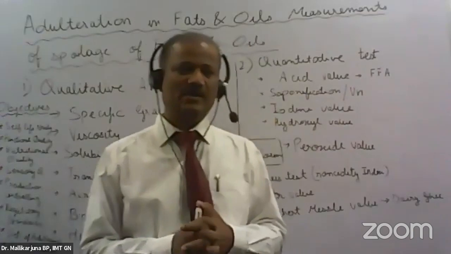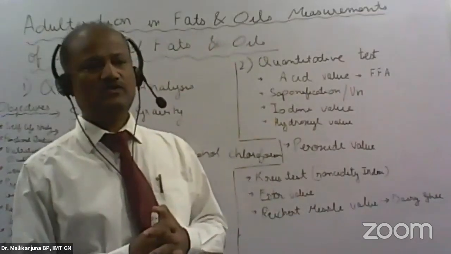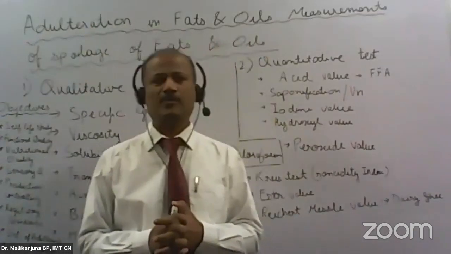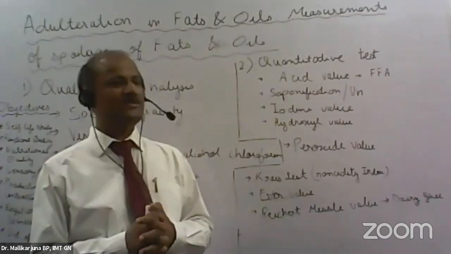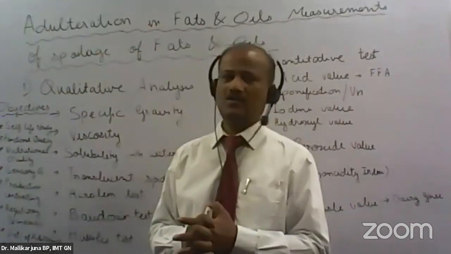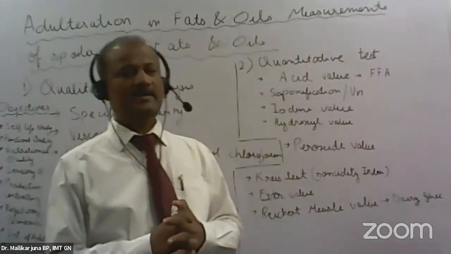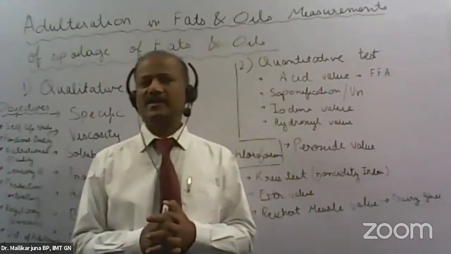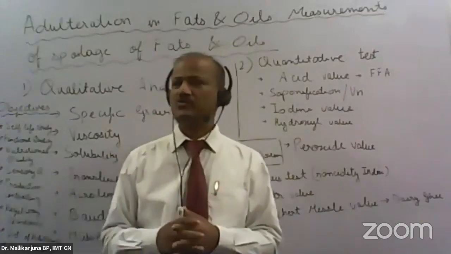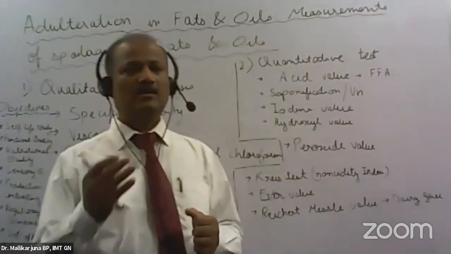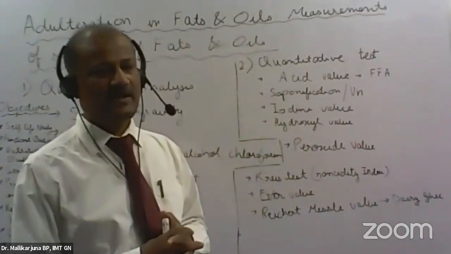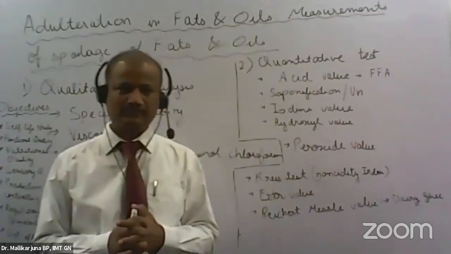For example, rancidity is an obnoxious, unpleasant odor due to oxidation of oils and fats. If you find this obnoxious odor, it indicates that the oil or fat has become rancid and undergone oxidation.